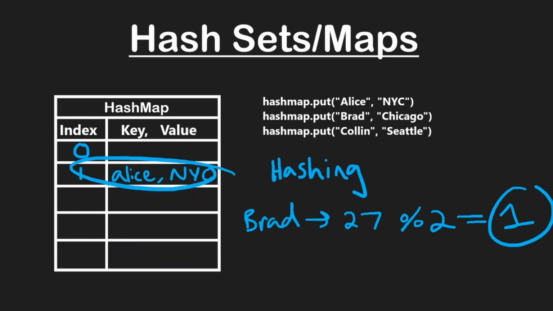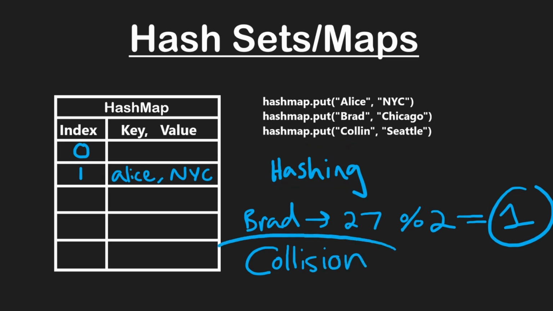This is a problem, and this is the problem with pretty much all hashing. It's something that you can't entirely avoid. It's called a collision. Clearly, it's bad to have collisions, but there are ways that we can work around it. We can minimize collisions and we can try to work around them, but we can't entirely get rid of them. That's really important to know. Hashing collisions pretty much always happen.